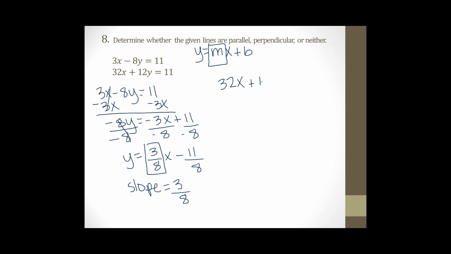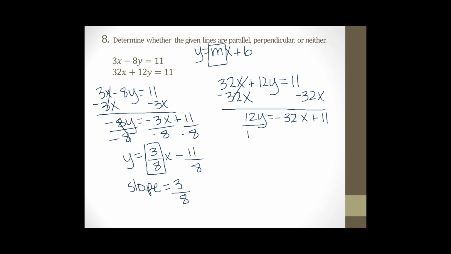32x plus 12y equals 11. And again, we want to get y by itself. So we'll subtract 32x from both sides. So 12y equals negative 32x plus 11. We'll divide everything by 12. So we have y equals negative 32 divided by 12x plus 11 over 12.